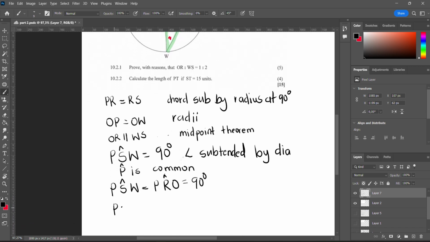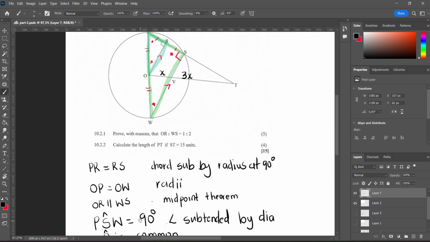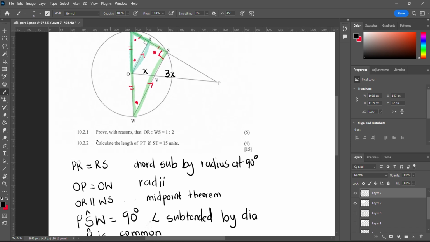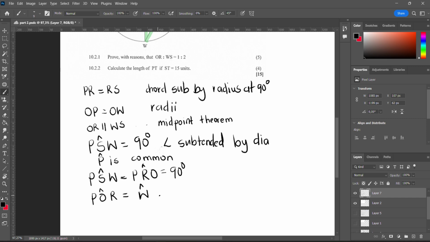So angle POR equals angle W, we can just say angle W because if we said S, you wouldn't know which one you're referring to, since S has two sides, such as other angles. And then the reason is corresponding angles.